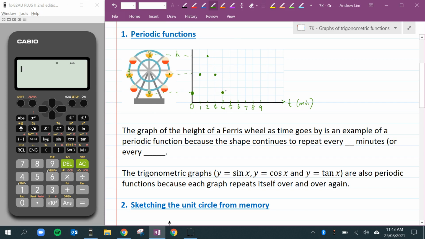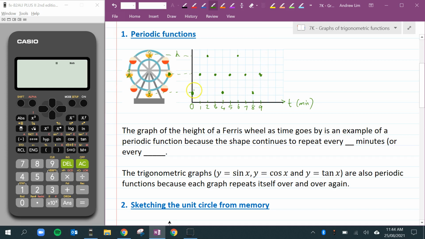What about after 5 minutes since getting on? You're going to be back up here. 6 minutes, you're going to be back at the top. 7 minutes, you're going to be back down here. 8 minutes, you're going to be back where you started. 9 minutes, back up here.